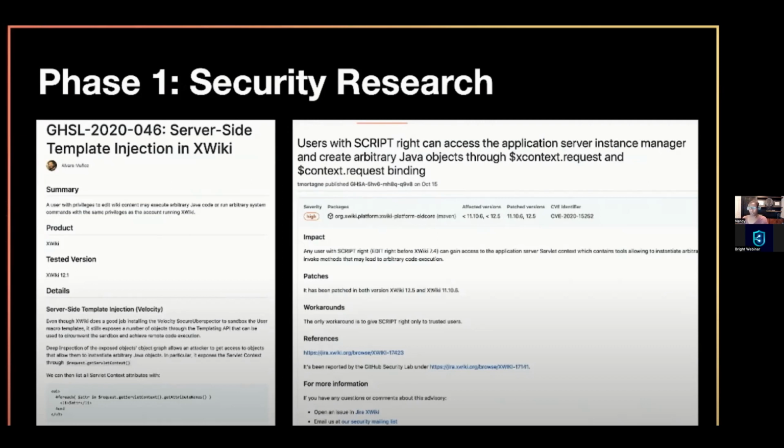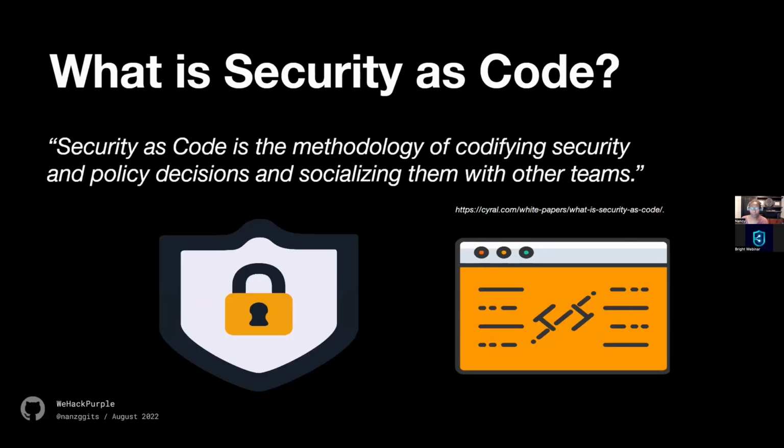For us at the lab, we use CodeQL, and I'll tell you a bit more about that very soon. So that's phase one: finding a bug and then translating it into code so that you can identify the pattern, whether on a specific code base or any other code base.